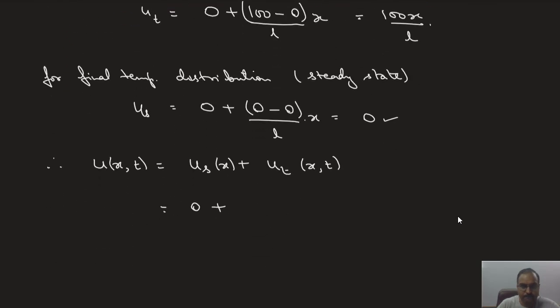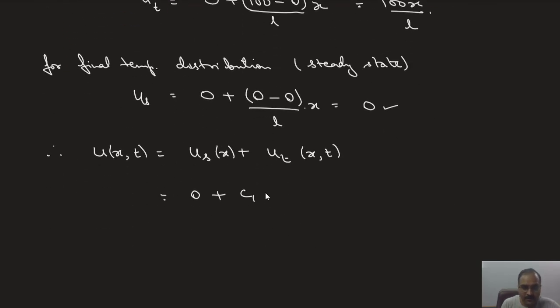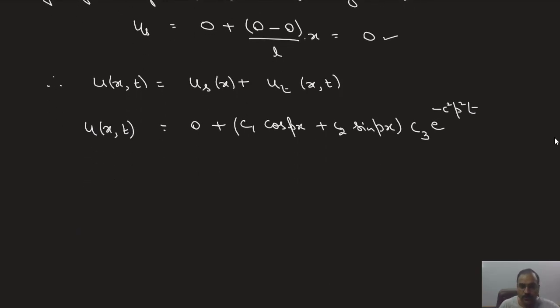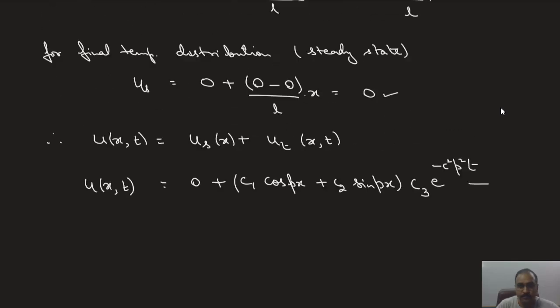So that will be (c1 cos px + c2 sin px) · c3 e^(−c² p² t), and that is equal to u(x,t). I hope this step is clear. Let it be equation number 3.